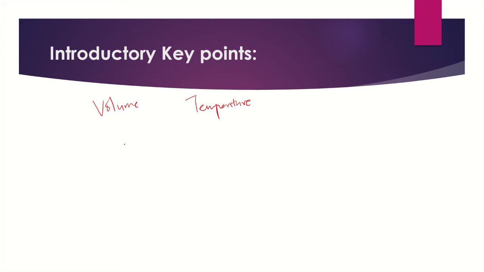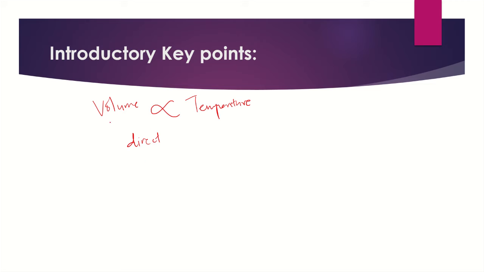In our previous gas law, we learned that volume had an inverse relationship with the pressure of the gas, whereas in Charles' law we will have a direct relationship between the volume of the gas and its temperature.